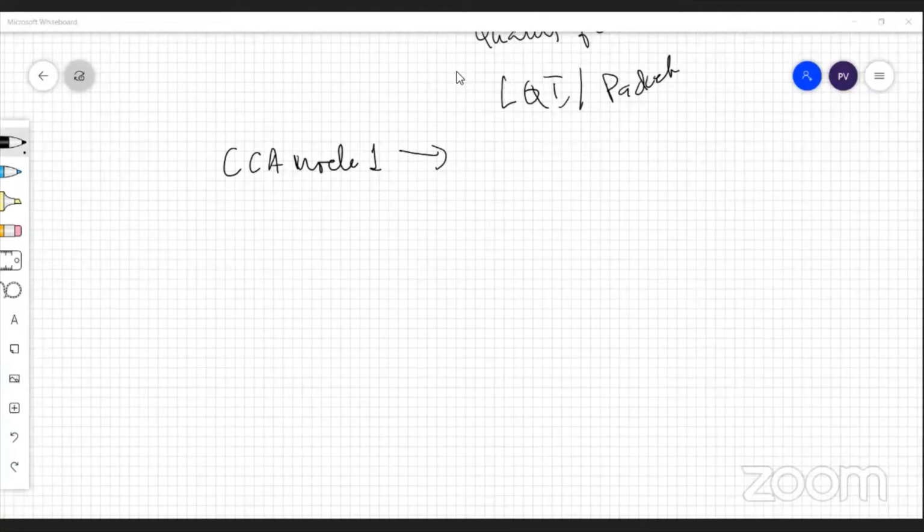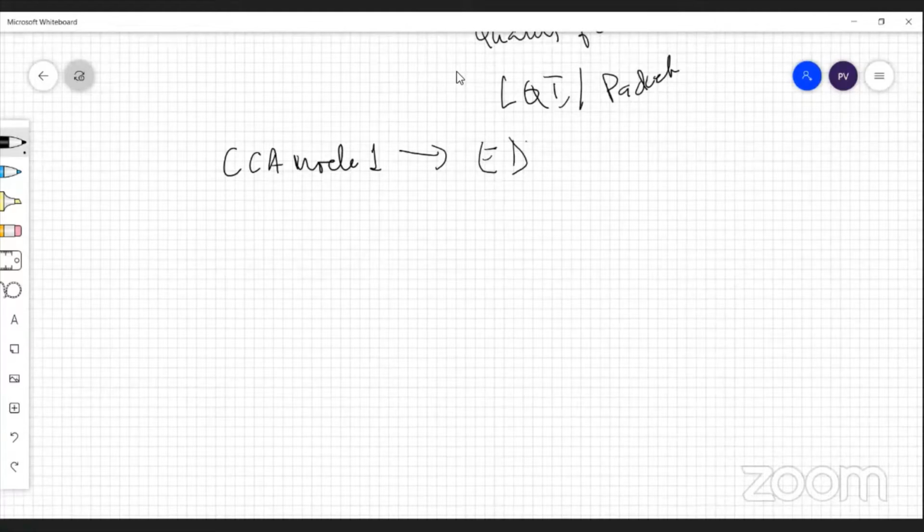So in CCA mode 1, only ED is used. You declare whether the channel is free or not based on simple ED.